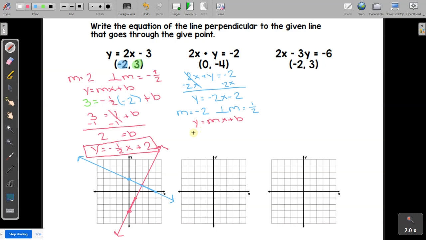Our y is negative 4. Our new slope is 1/2. Our x is 0. And we're going to solve for b. 1/2 times 0 is 0, so we have negative 4 equaling our b. So our new equation is going to be y equals our new slope of 1/2 x minus 4.